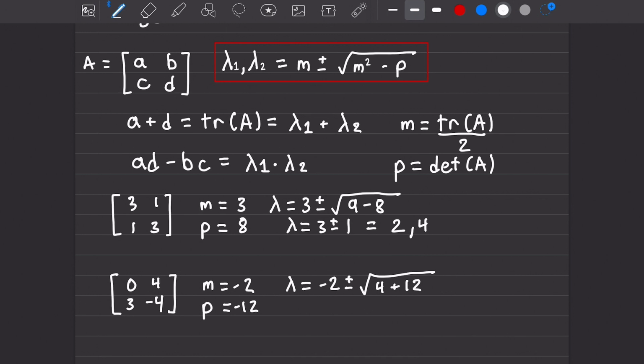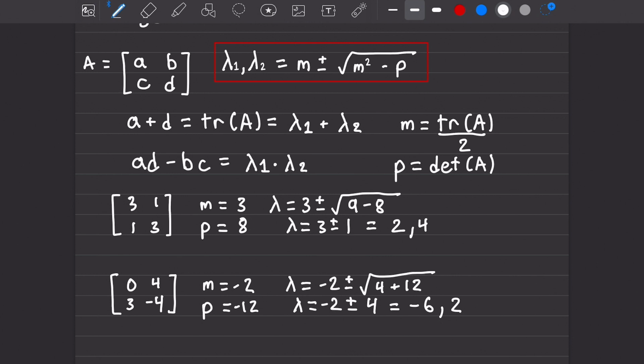So then that radical will simplify to 16, and then the square root of 16, hopefully you remember, is 4. So then we can say down here that lambda is equal to negative 2 plus minus 4, which then is equal to either negative 6 or 2.